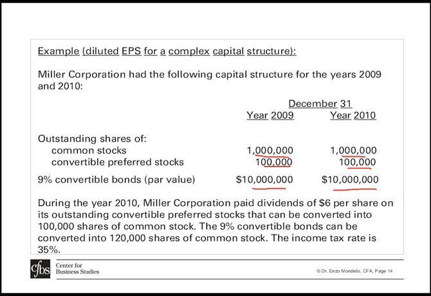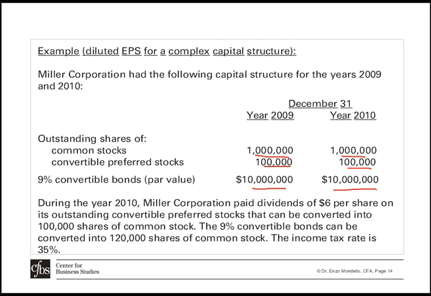Then we know during the year 2010, Miller Corporation paid dividends of $6 per share on its outstanding convertible preferred stock that can be converted into 100,000 shares of the common stock. So that's information related now to the convertible preferred stock.